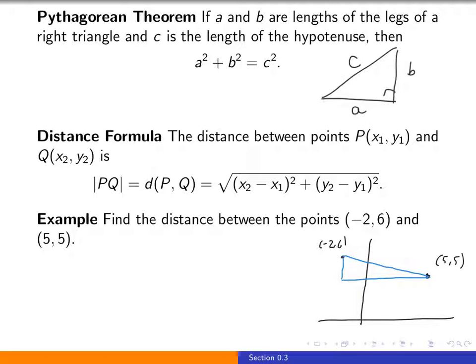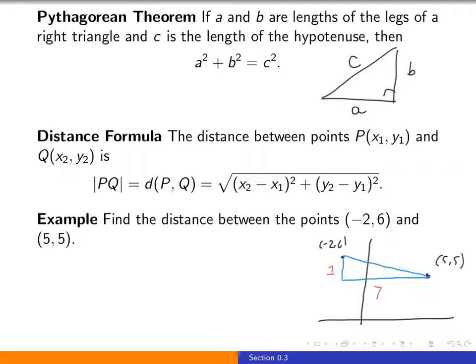And if we think about the length of each side of this right triangle, this vertical leg that we have on the left is going to be the difference in the y values of our 2 points. So we're at 6 for a y value, we go down to 5. So 1. The bottom leg is going to be the difference in the x values. You're going from minus 2 to 5.